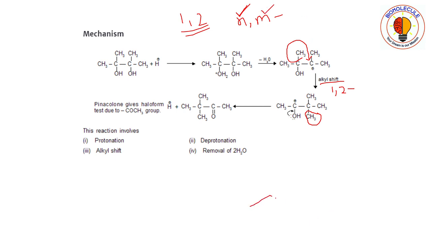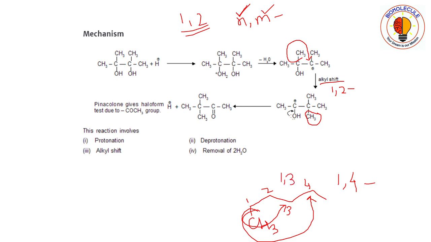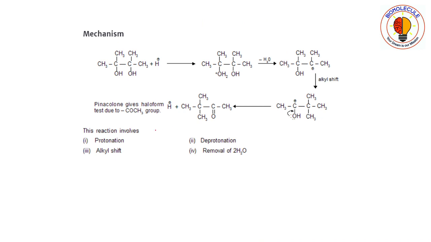So if the shift would have occurred like this, suppose CH3, with carbons numbered 1, 2, 3, 4, if it would have gone to carbon number 4, then it is a 1,4 shift. If it is carbon 3, then it would have been a 1,3 shift. Like this, starting position and ending position.